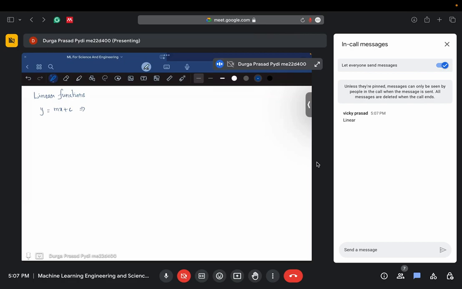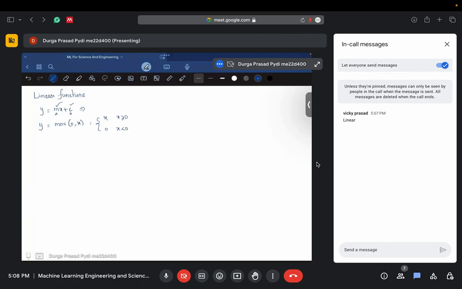Now ReLU is essentially y equals max of 0 comma x, or maybe I'll write it as x if x is greater than or equal to 0 and 0 if x is less than 0. So what is the value of m and c that will give you this particular function?